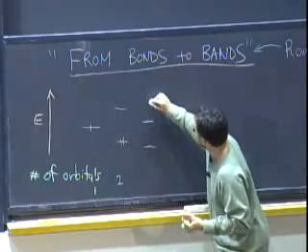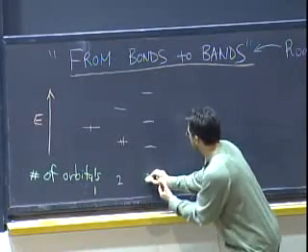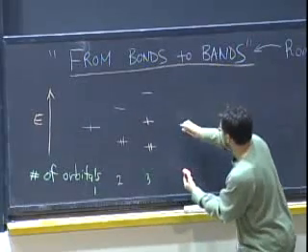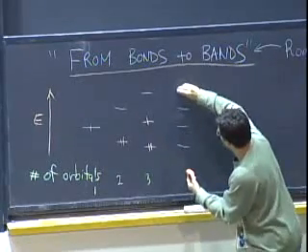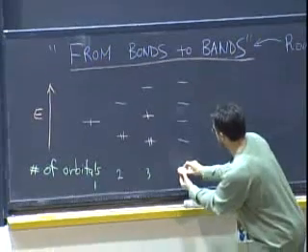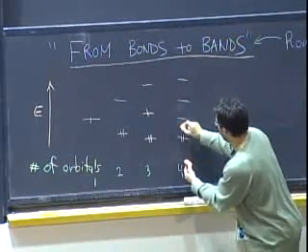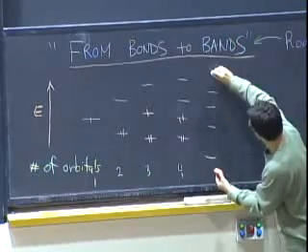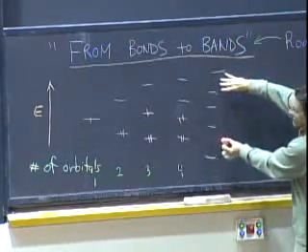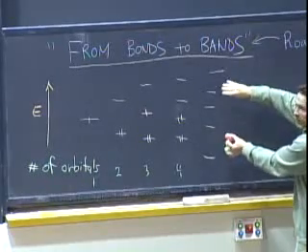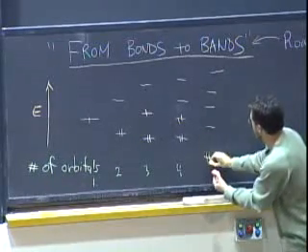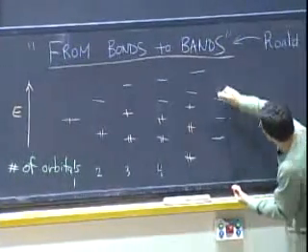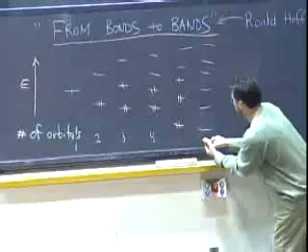And then we can consider a system that might have three orbitals. I'll populate it like this. And then if we have a system with four orbitals, it might be something like that, and 4 electrons, and so on. We see that one of the features is that the energy levels are starting to come closer together as we get more and more of them. Okay, there's 5. Here's 6.